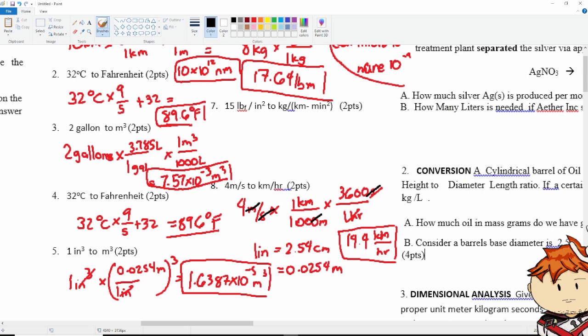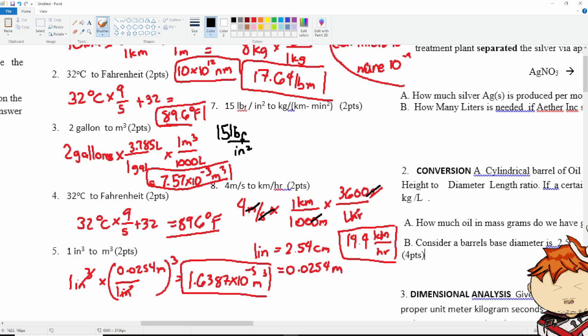Okay, 15 pound force per inch squared. So this is force, a unit of Newton. Before we convert that, what do we have on the opposite side? Kilogram, kilometer, minute.